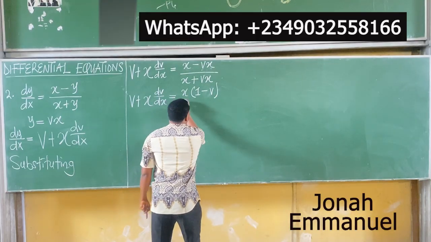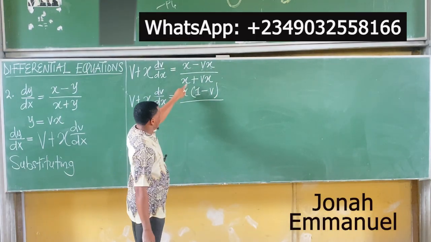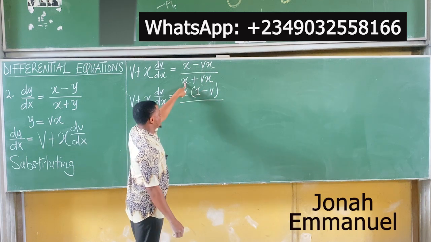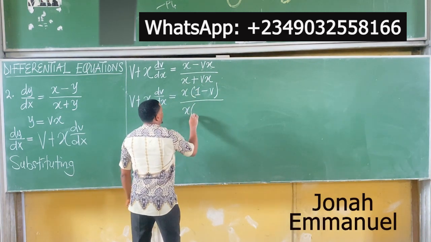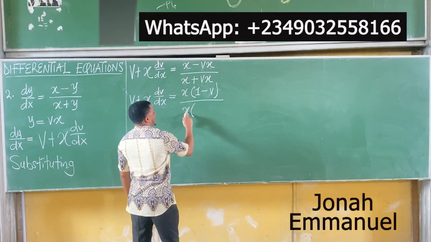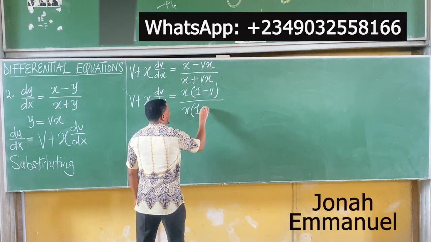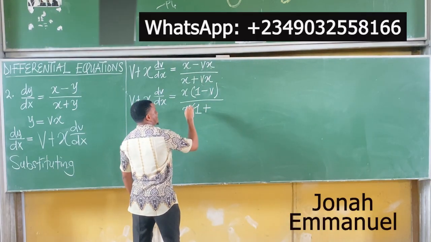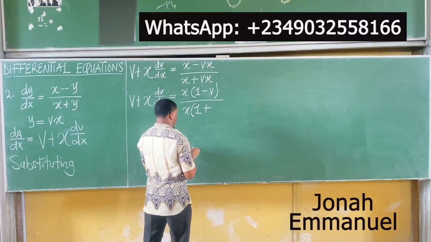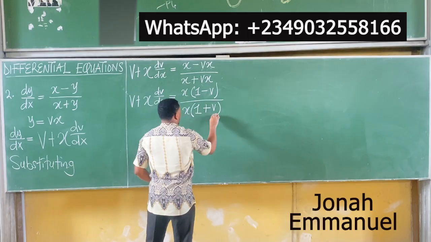This all over. Let's come to this one here. You can see another x term here. If I factorize x from here, what do I have? X divided by x gives you 1. So I have 1 plus, of course, vx divided by x. X cancels x, I'm left with v. You have this.